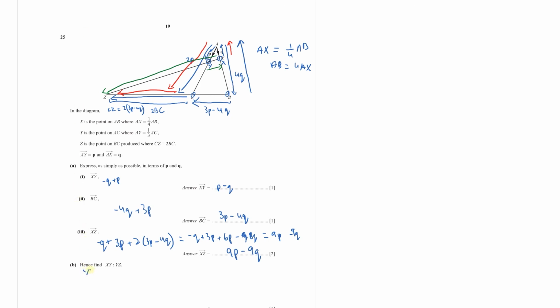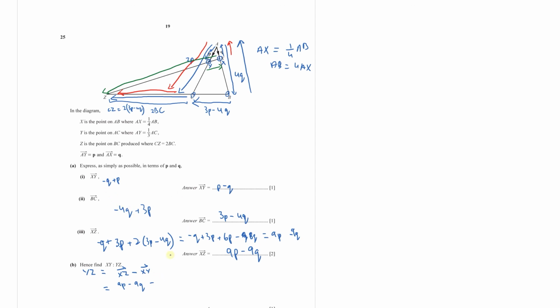So yz would be equal to xz minus xy, which is basically yx. We know xz is 9p minus 9q, and then your negative xy.